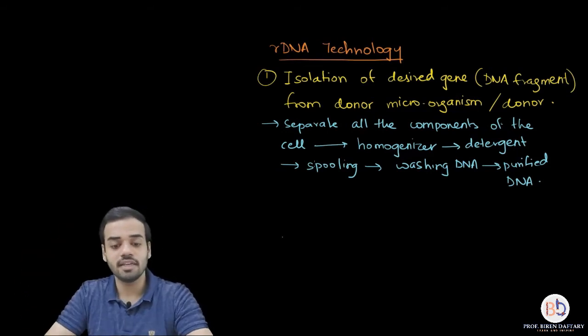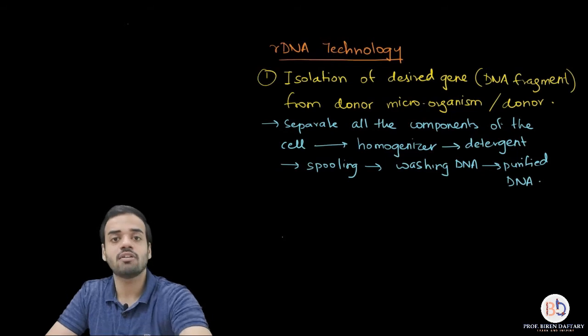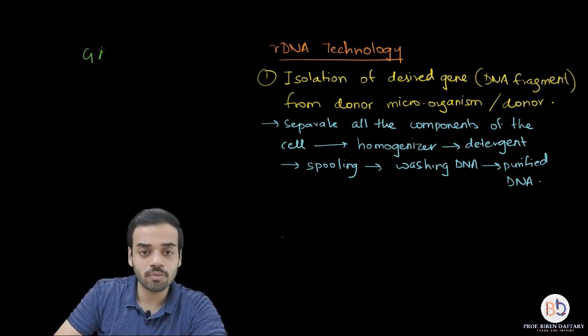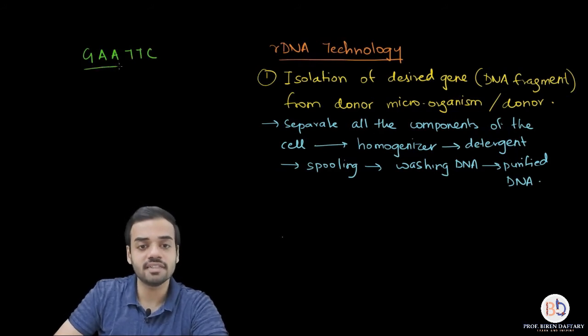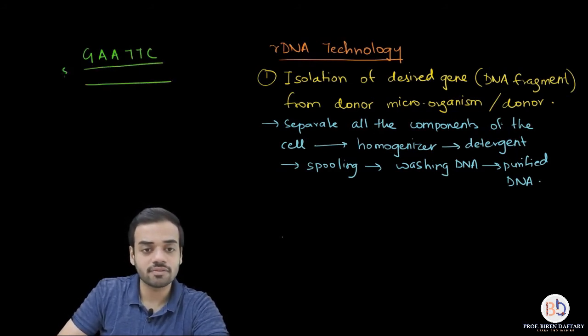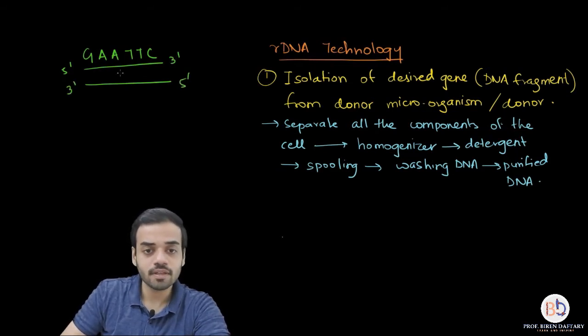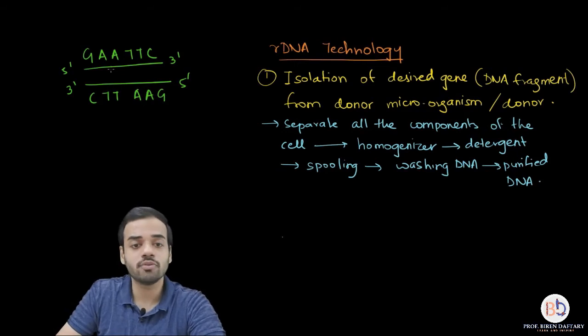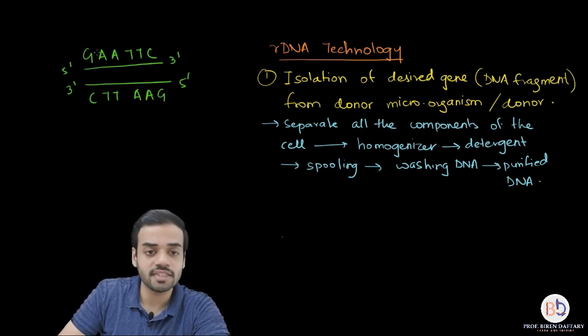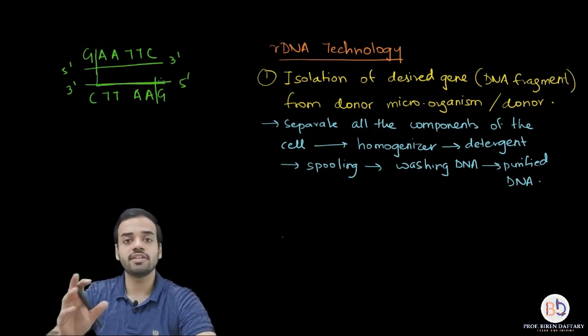For example, if I am using EcoR1, then EcoR1 will normally cut the DNA which is having this sequence GAATTC on one strand, that is from 5' to 3', and on the other strand the sequence will be CTTAAG. And EcoR1 will produce a cut between the G and the A, and this will be the cut.